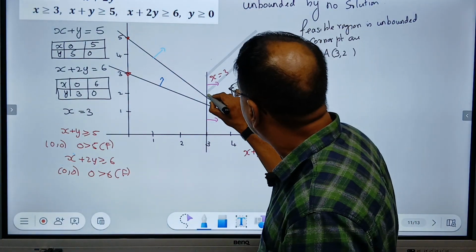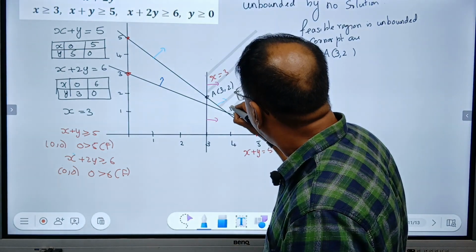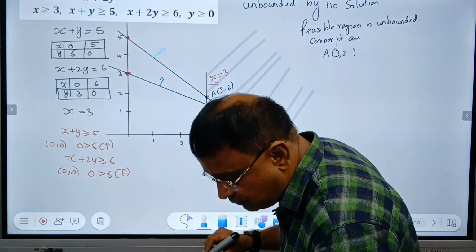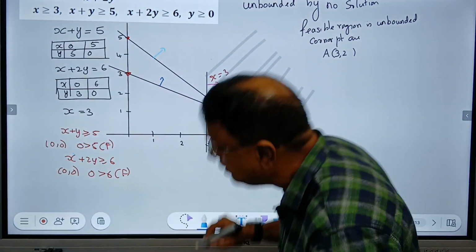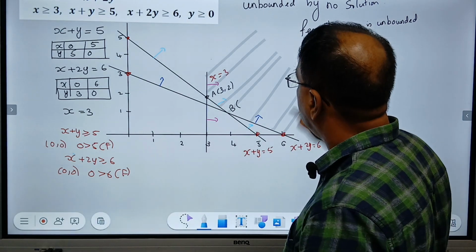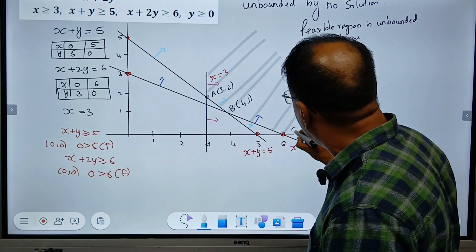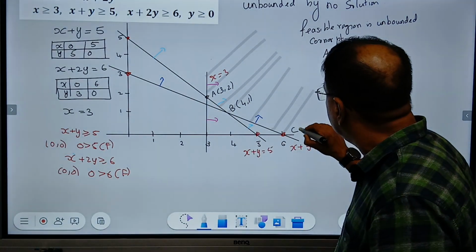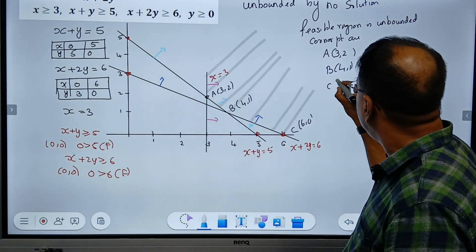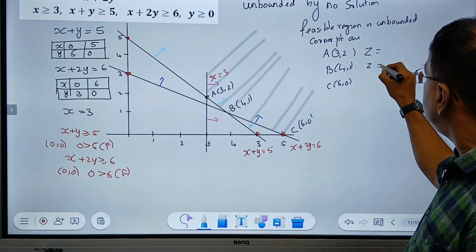Okay, this is corner point A, 3 comma 2. B, which is 4 comma 1. And C, that is 6 comma 0. And what are the corresponding Z values?